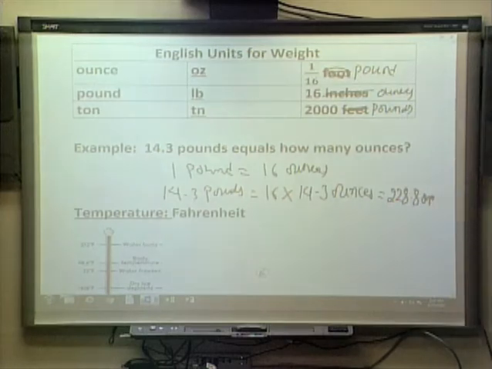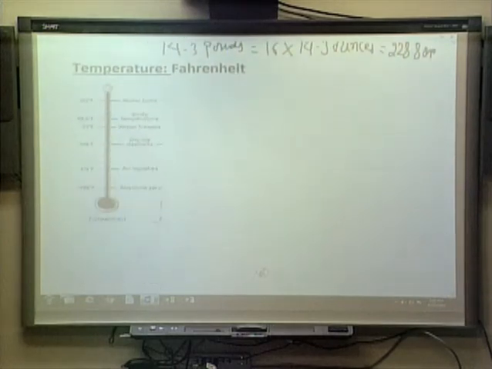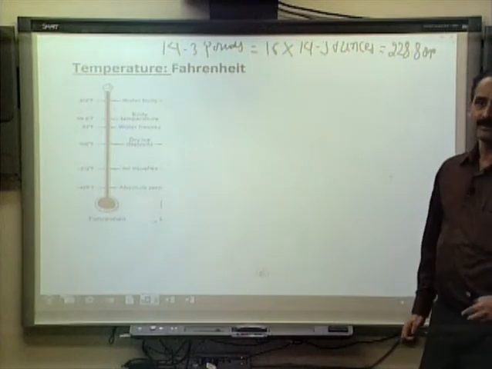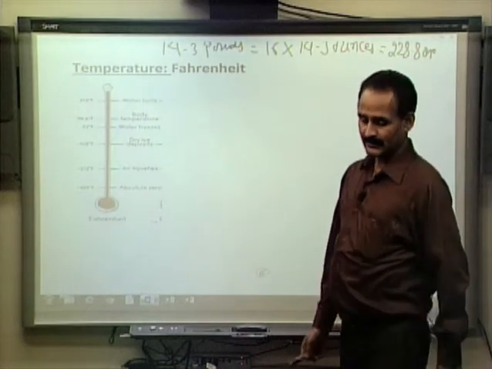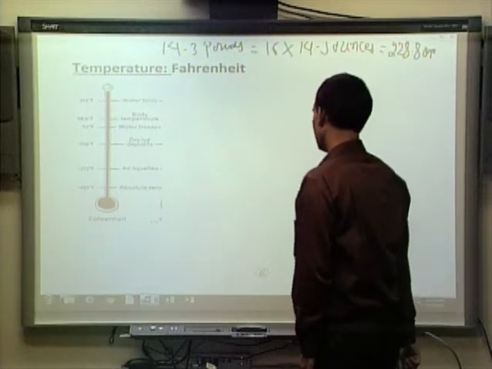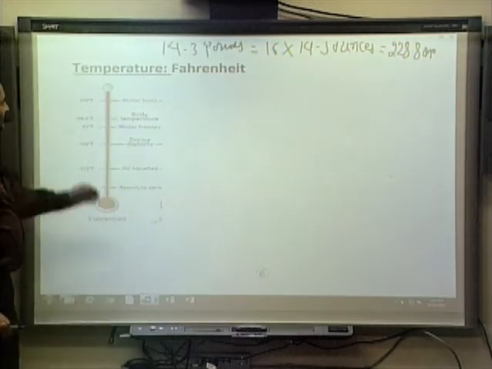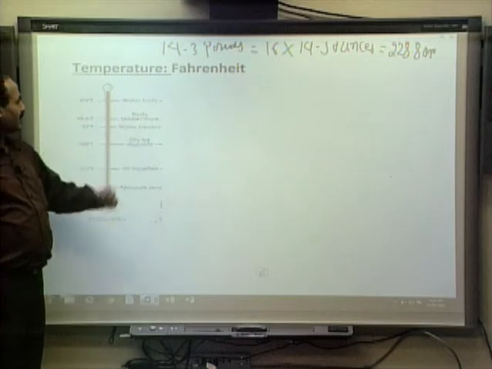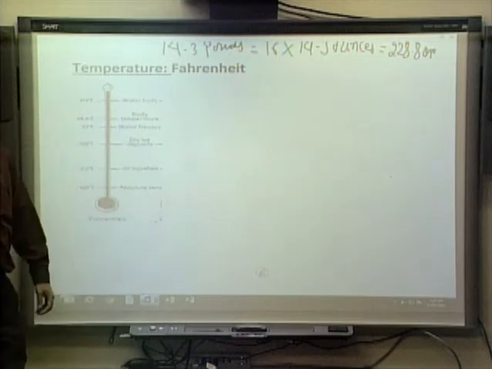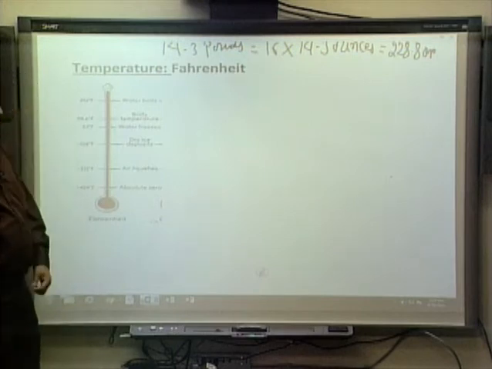Another quantity we measure quite frequently in our daily life is temperature, and the English unit of temperature is Fahrenheit. 212 degree Fahrenheit is the temperature when water boils. 98.6 degree Fahrenheit is the temperature of our body. 32 degree Fahrenheit is the temperature when water freezes.